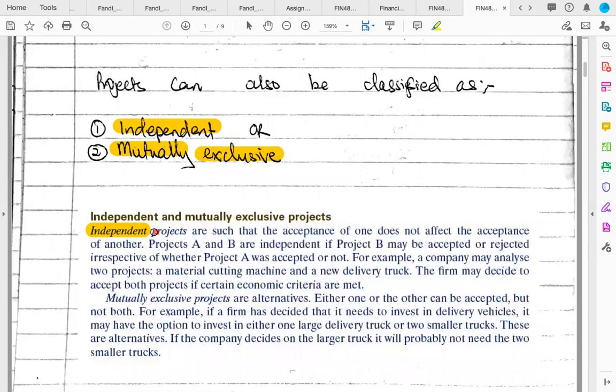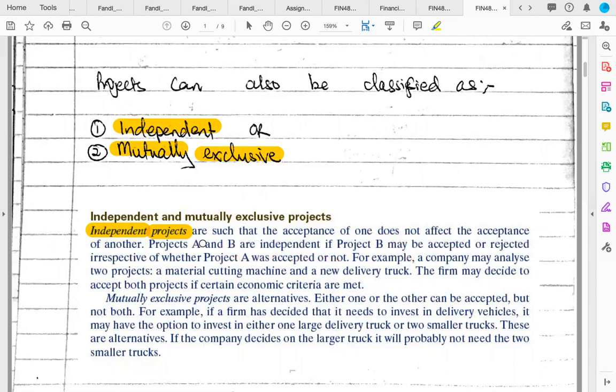Independent projects are such that the acceptance of one does not affect the acceptance of another. So when we say our capital projects are independent, it means if we accept one, we can still accept another project. Therefore, if projects A and B are independent, project B may be accepted or rejected, irrespective of whether project A was accepted or not.